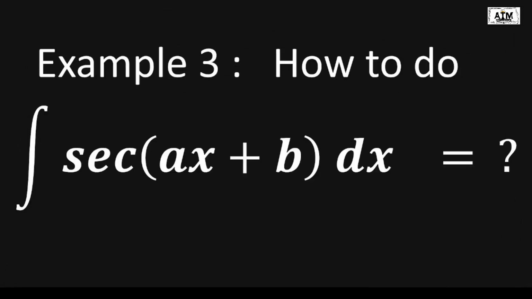Now example 3: how to find integration of sec of ax plus b with respect to x. The basic formula for integration of sec x with respect to x equals log of modulus sec x plus tan x plus c.